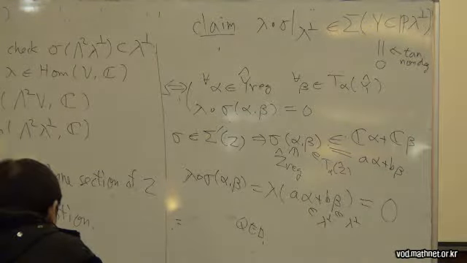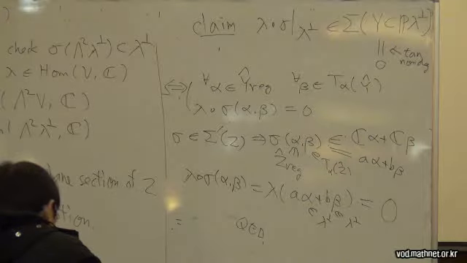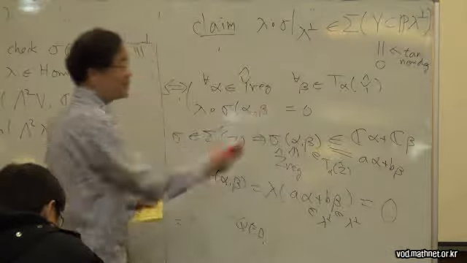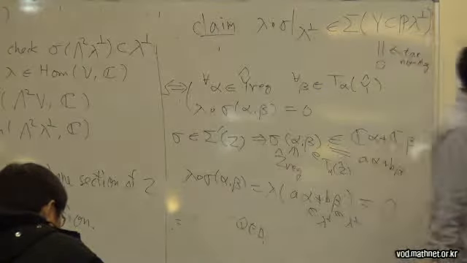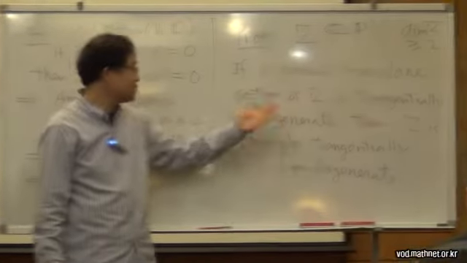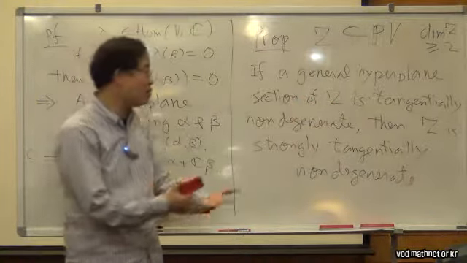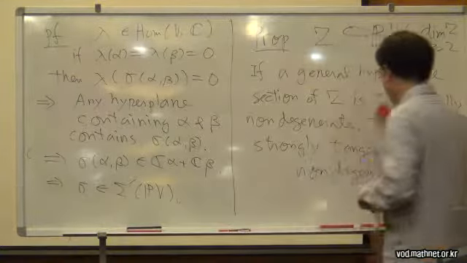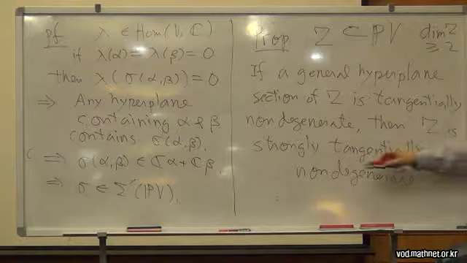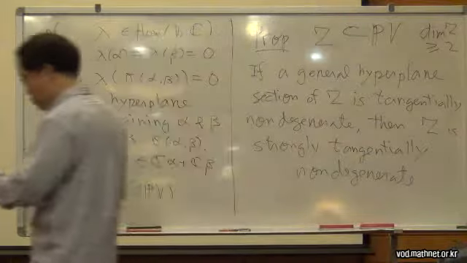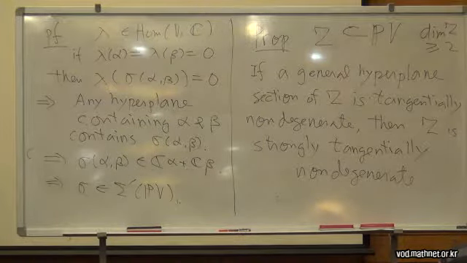Is it okay? So this is mostly linear algebra, but combined with some elementary geometry. Now that you have this proposition, to check strong non-degeneracy you essentially need to check tangential non-degeneracy. So you need to know how to check tangential non-degeneracy to be able to check strong tangential non-degeneracy. Now, tangential non-degeneracy is a more classical notion, but still there are not so many results to tell which variety is tangentially non-degenerate.